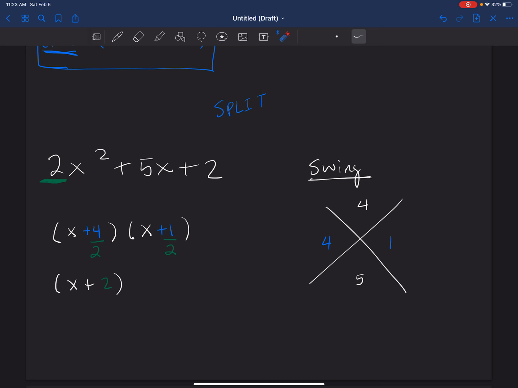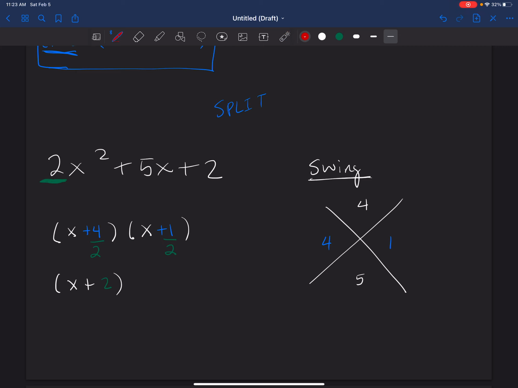But this is where you swing it. Because the 2 doesn't go into 1, I can swing by just taking this 2 and moving it in front of the variable.